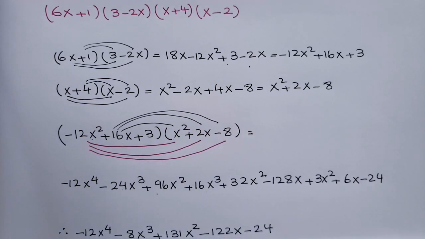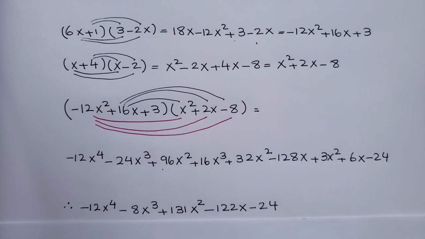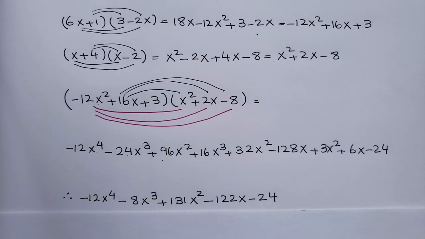Then last step, you have to simplify and rearrange the answer. So the biggest power, there is no other x to the power 4, so I simply write it down. So cubes, negative 24 here, 16 here, it's negative 8. That's it, negative 8x cubed.